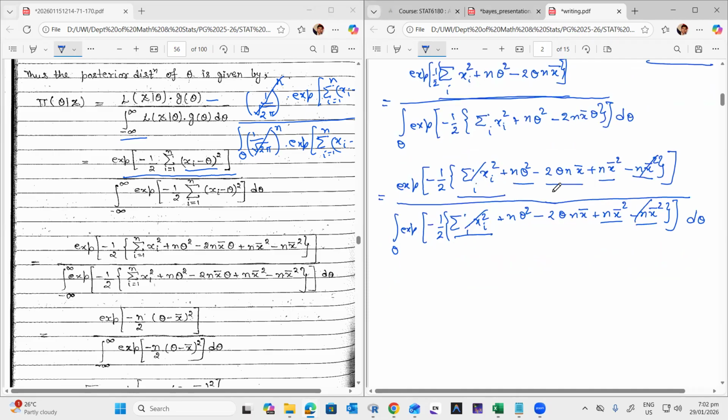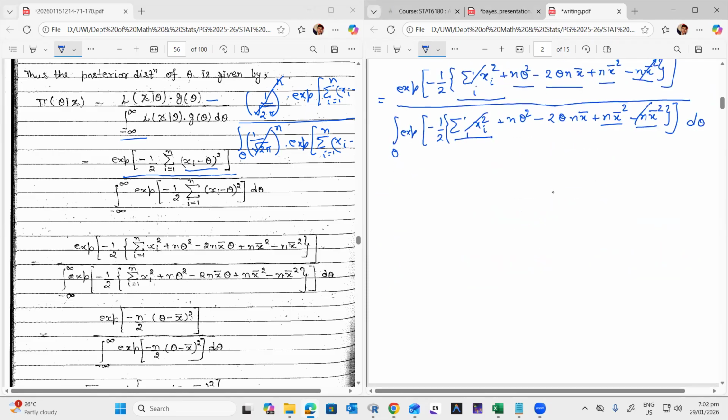Okay. So now what you have? The remaining things are exponential minus 1 by 2, and we can take n common, right? And theta square minus 2 theta x bar plus x bar square.